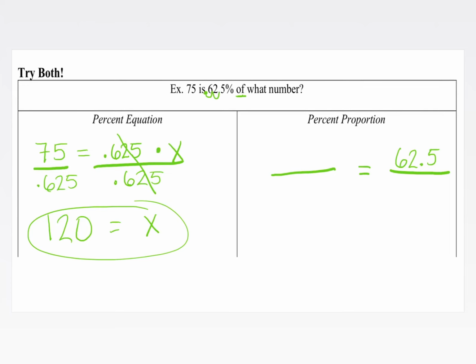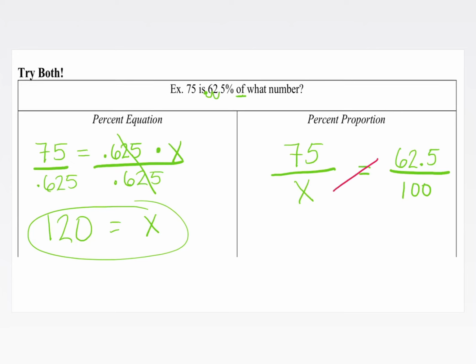We don't need to convert anything because we know that our denominator, our whole, is going to be 100. And 62.5 is our part. Now again, 75 is 62.5% of a number. If we're saying 75 is 62.5%, that means 75 is not the total, but it's only a portion of our whole value. So 75 here is referring to the part. Our whole is going to be our variable x.